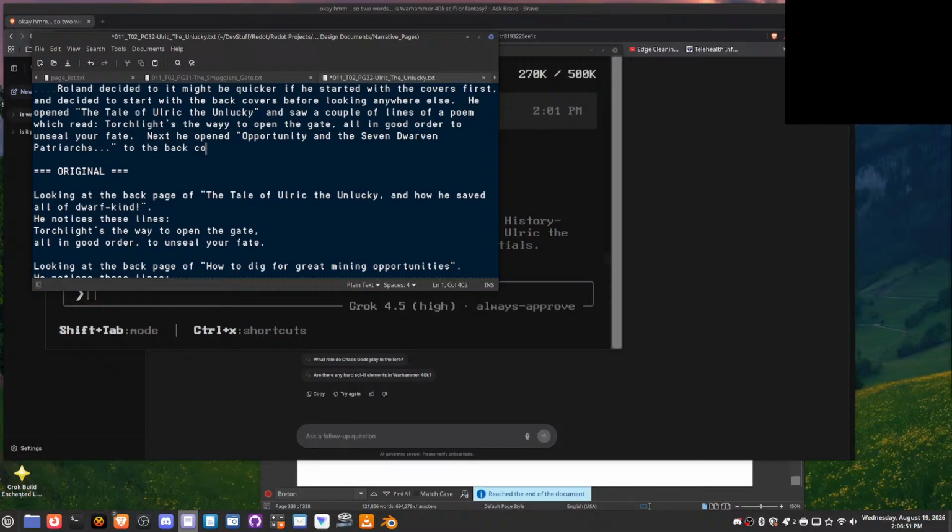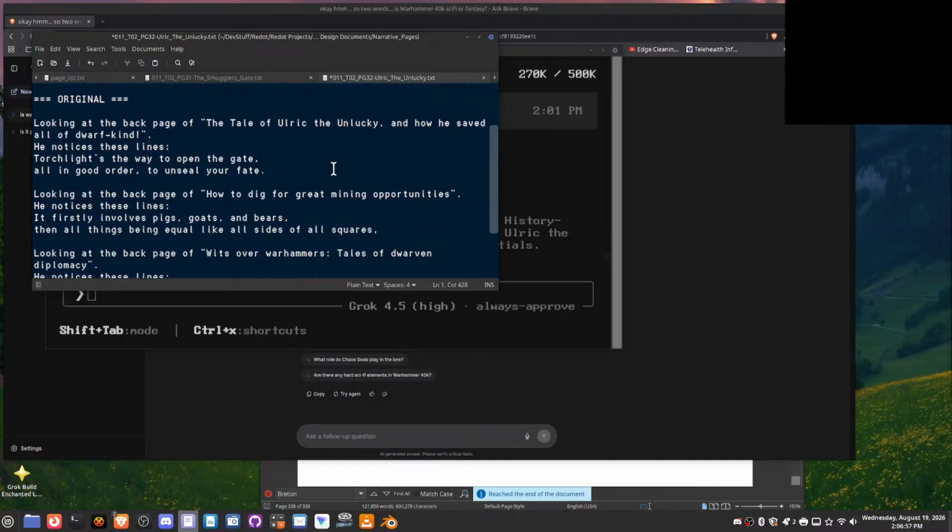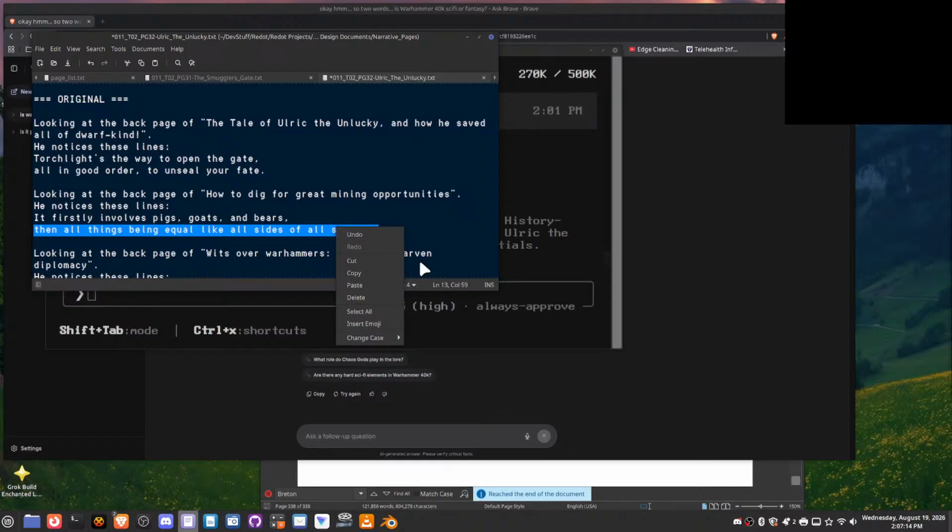The back cover, and read these: Firstly involves pigs, goats, and bears, and all things being equal, like the sides of all squares. I think I want it like the sides of all squares, not all sides of all squares.